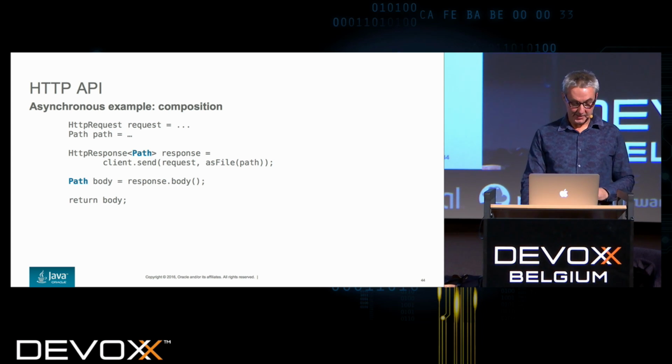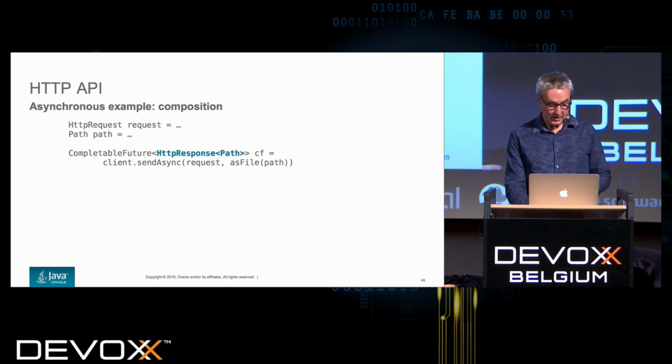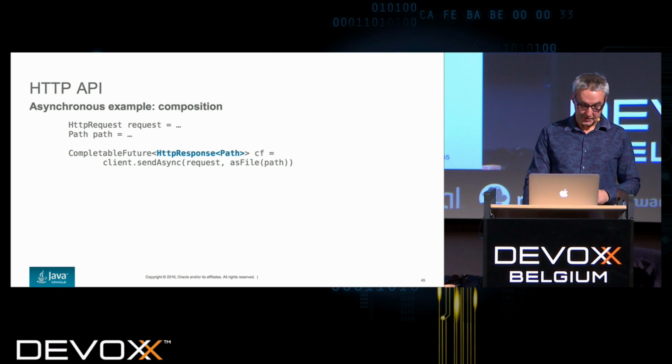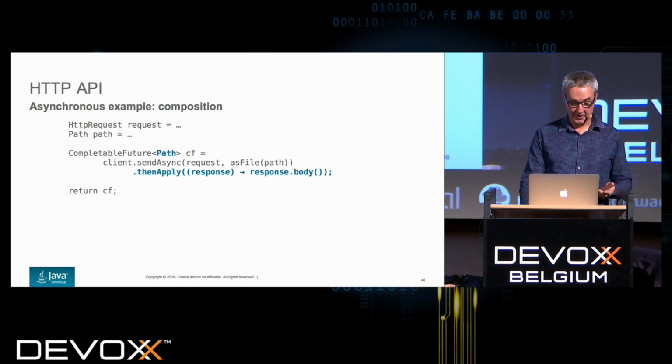So how do you do that asynchronously with CompletableFuture? It's quite simple, actually. You start by calling client.sendAsync, and you feed that into .thenApply, which takes the response object output from the first stage and returns the response.body. And you can see the CompletableFuture in this case is a CompletableFuture of Path.